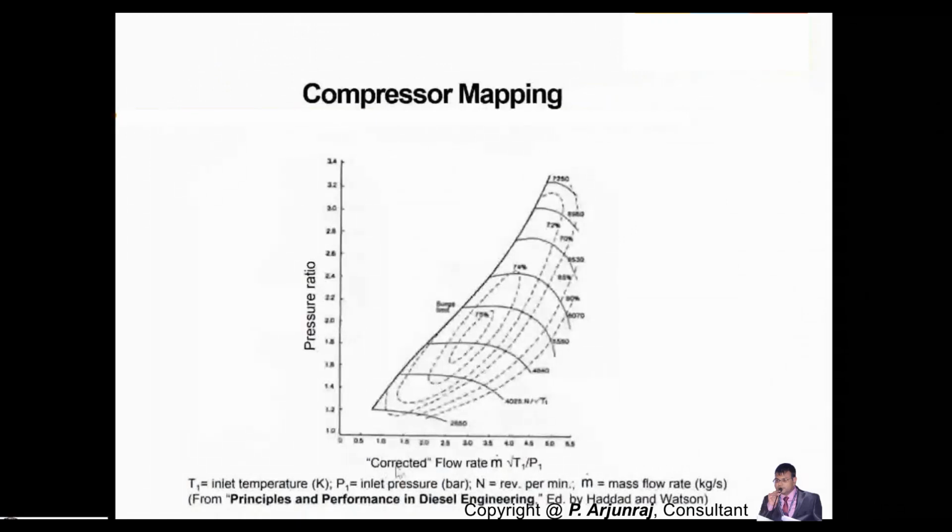Say, for example, if the mass flow rate of the air is 1.5, and the pressure ratio is 2, then you need to select a value. It will come somewhere here, and you need to select a value considering the surge limit.